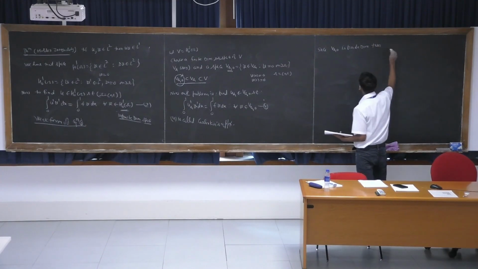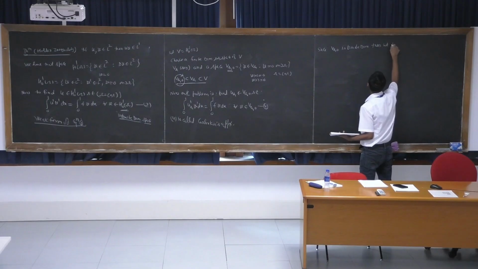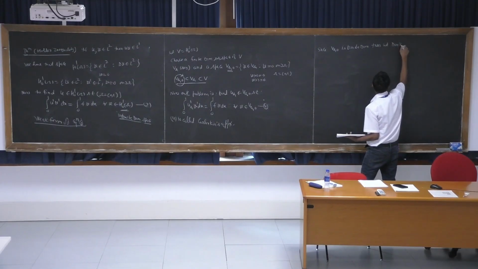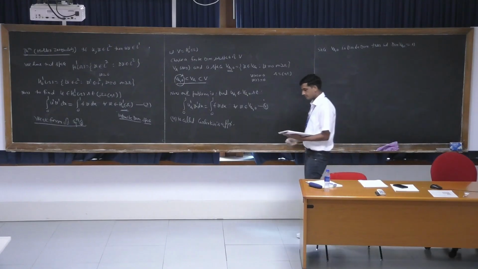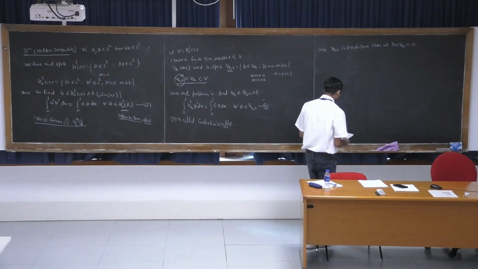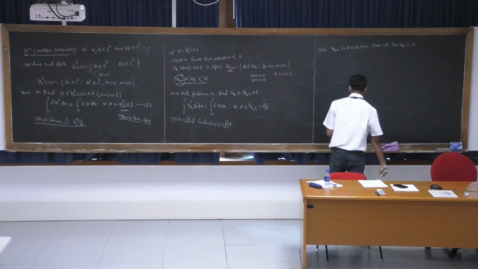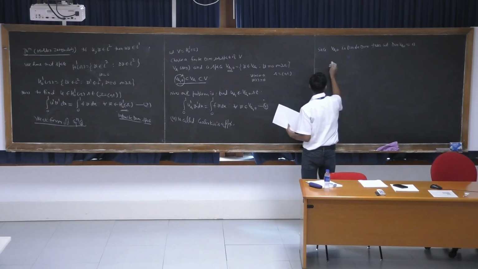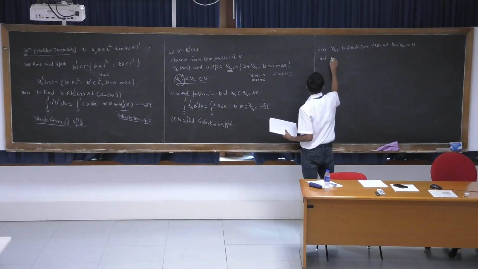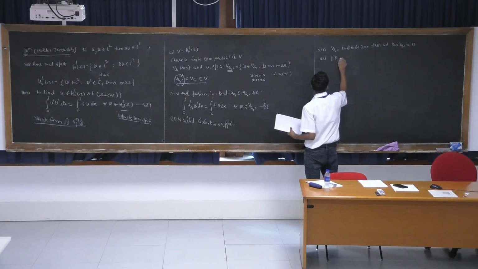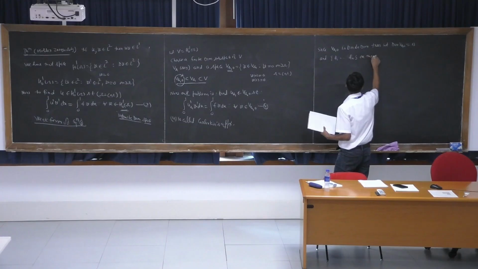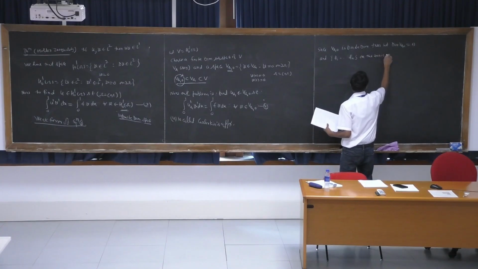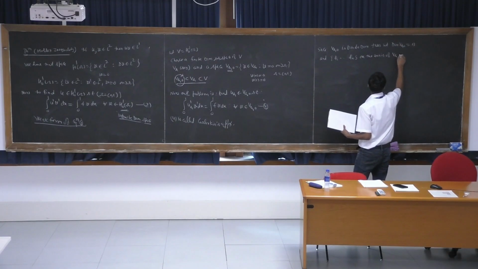Let the dimension of VH0 be n, and define its basis: phi 1, phi 2, up to phi n are the basis of VH.